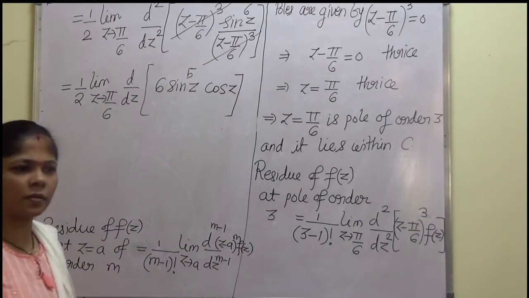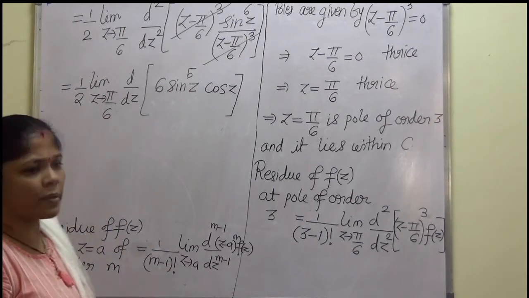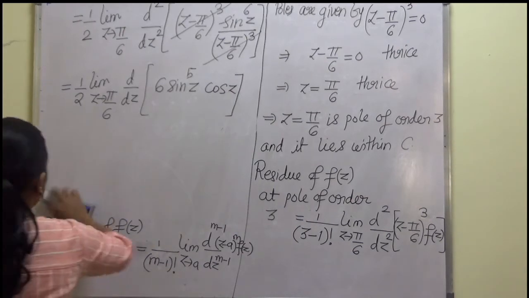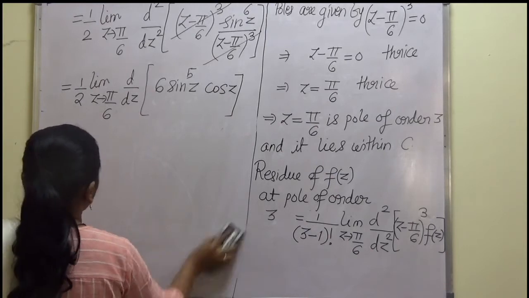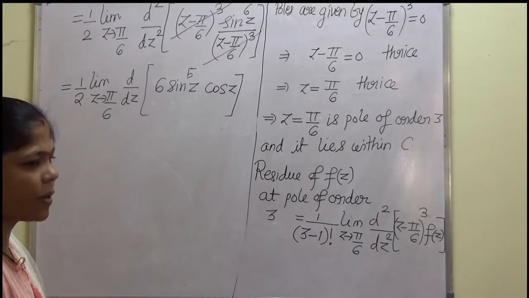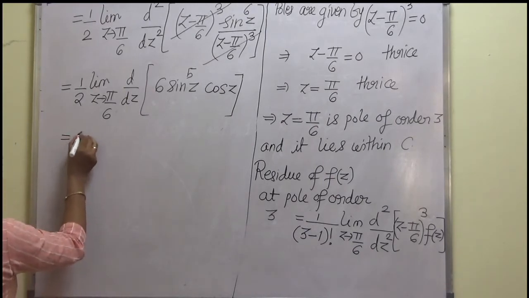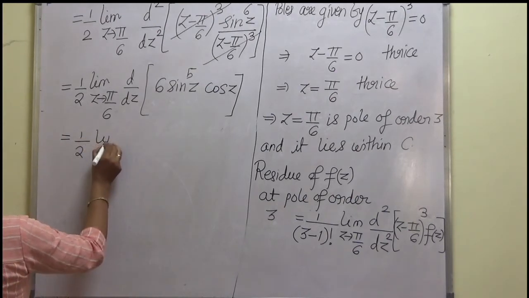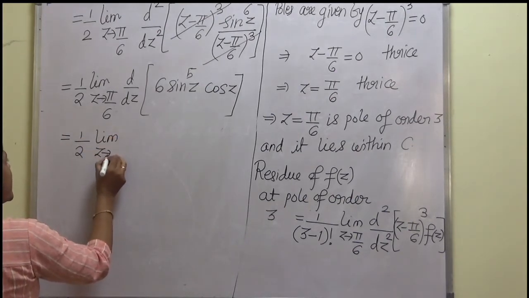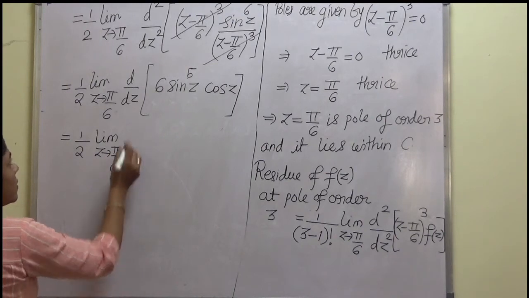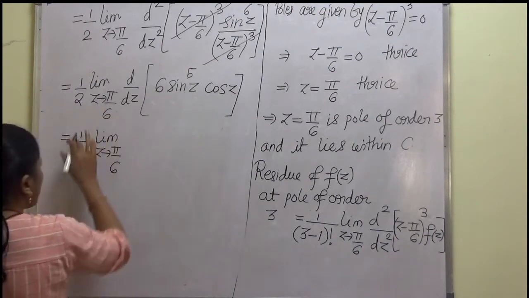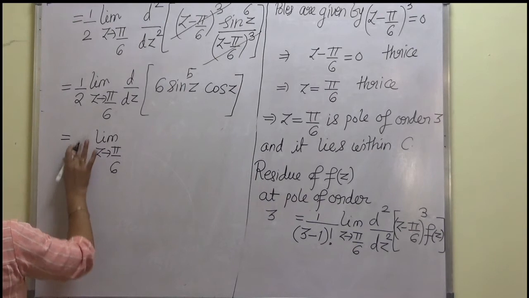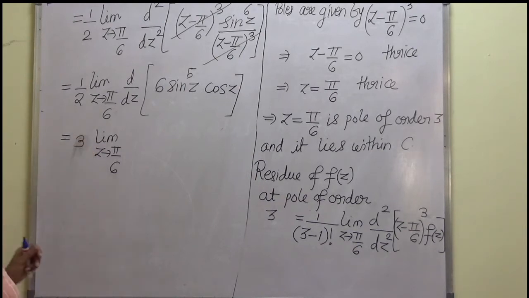Again one more derivative is left. Let us differentiate this result. So we get 1 by 2 times limit z tends to pi by 6, differentiate this result. The 6 goes outside and gets cancelled with 2. So we have 3.